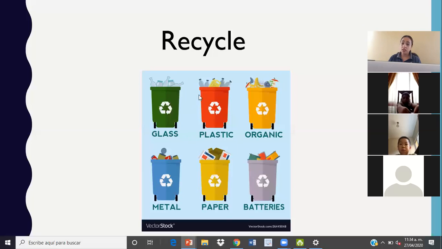We use another can for plastic. We use another one for organic stuff, metal stuff, paper, and batteries, okay? So 3 ways that we can take care of the planet: reuse, reduce, and recycle. Now you're going to open up your notebooks, science notebooks.